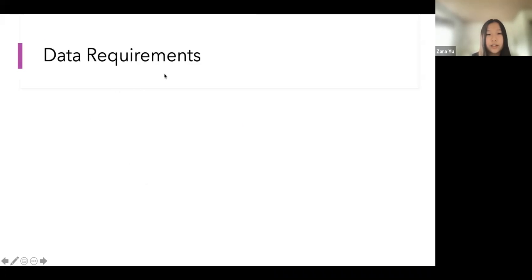So the first thing here is data requirements. I'm going to give you a few minutes to think about it. Once you have some answers for what you would put for data requirements when you're researching this kind of thing, you can send it to me in chat.